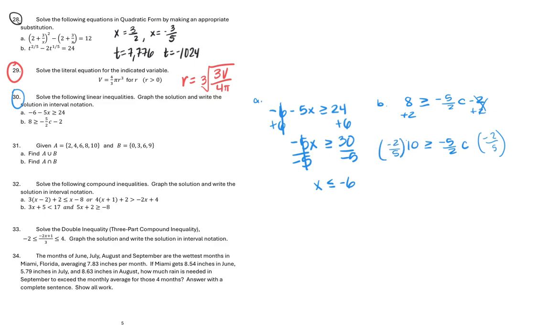Also, since I'm technically dividing by a negative, even though it shows I'm multiplying, because I can still divide this as -5/2, I'm going to flip the inequality sign as well. So I'm going to get a less than here. And so then I'll have -20 over 5. So -4 is less than or equal to c, or c is greater than -4.